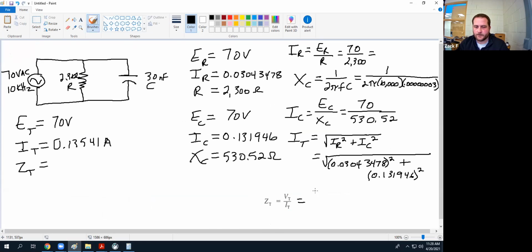So this would be 70 divided by 0.13541, which equals 516.95. Yay. So that's an example of a parallel RC circuit.